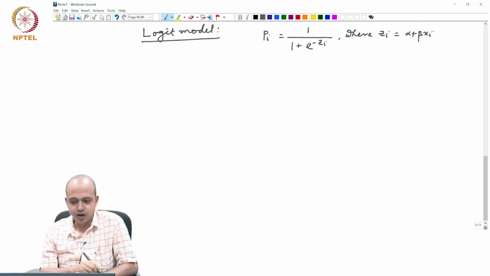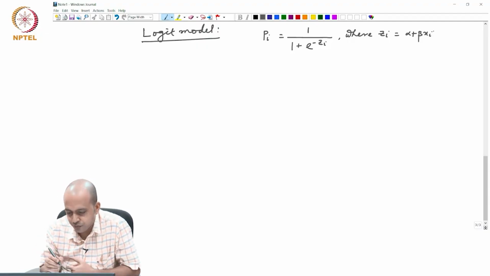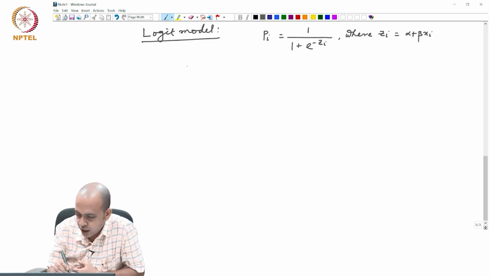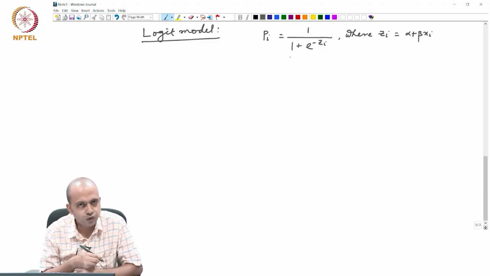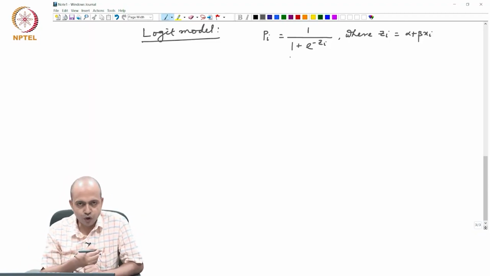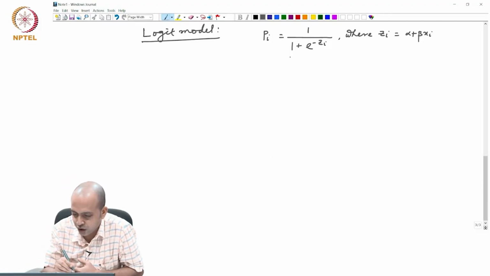Now, this model apparently looks like a nonlinear model, but you can always linearize it. How can you do that?